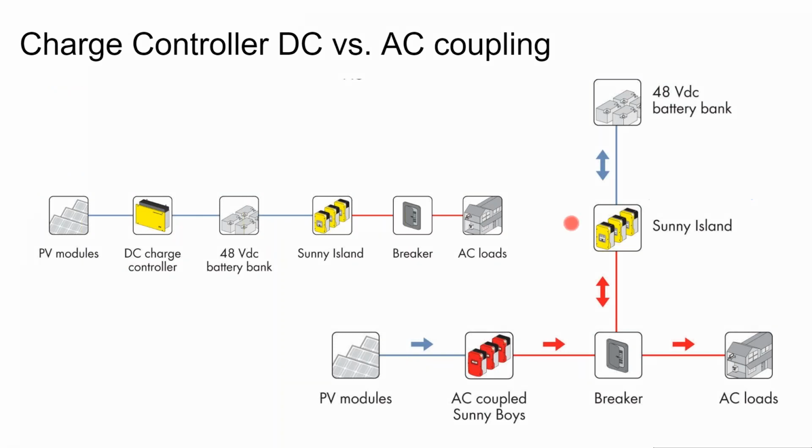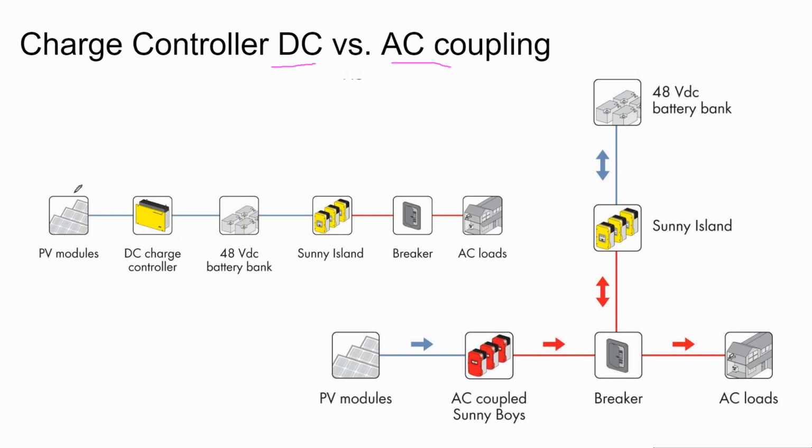There's a battery design concept called DC coupling, and it's compared to its AC counterpart. Basically, on a DC coupled array versus an AC coupled array, it's how the solar array interacts with the batteries.